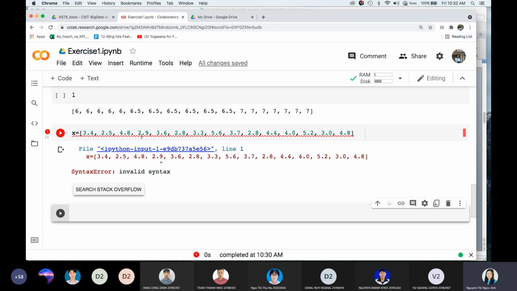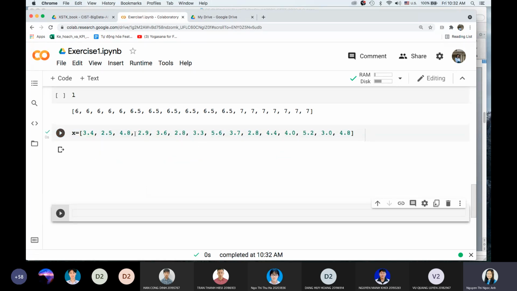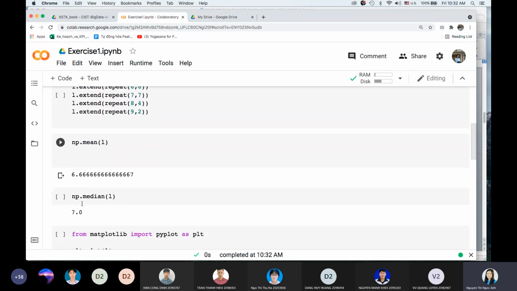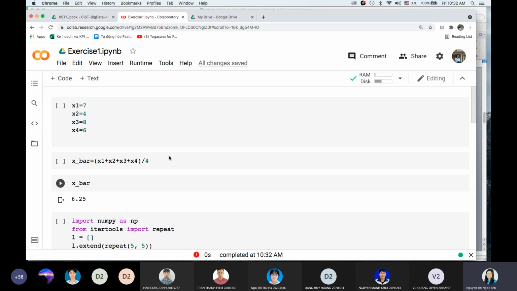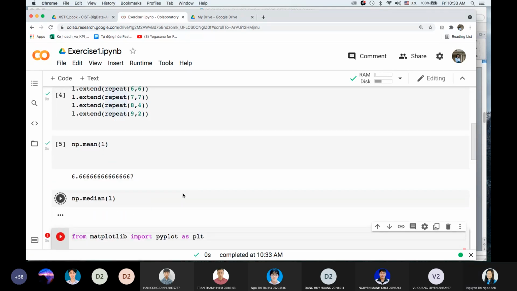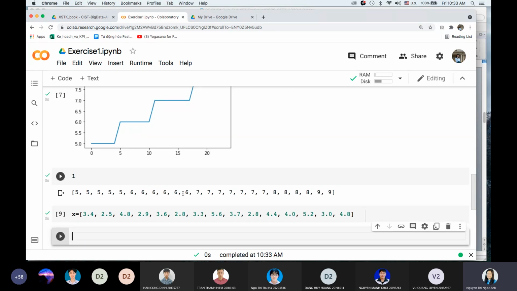Okay, 4.8 is here. Now I need to run this. Now I have to use NumPy mean of x.